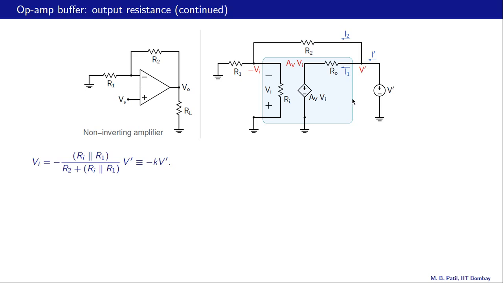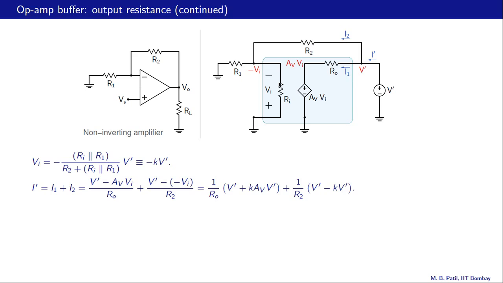Let us now look at this current I prime. What is I prime? It is I1 plus I2. And let us now get I1 and I2 individually. What is I1? V prime minus AV times Vi, divided by RO, the first term. What is I2? V prime minus Vi, divided by R2, the second term here.